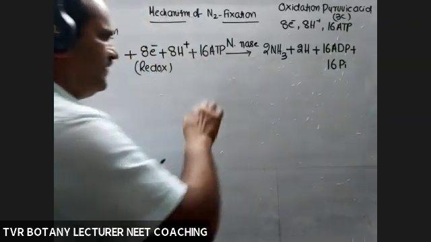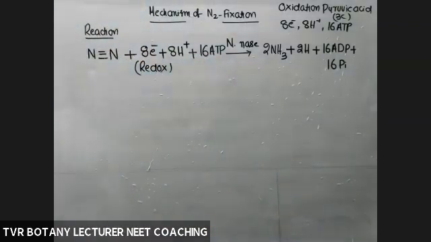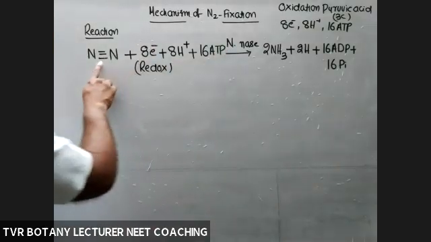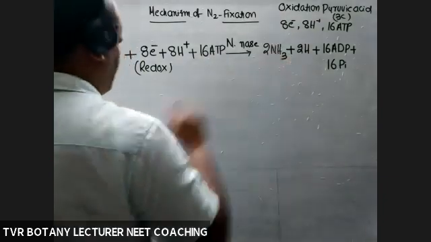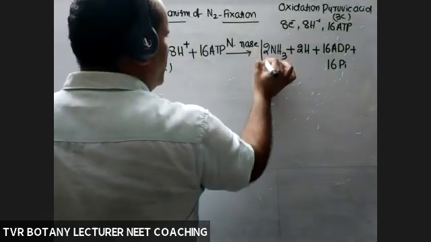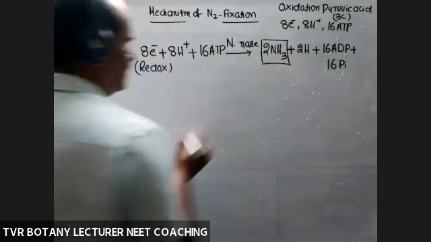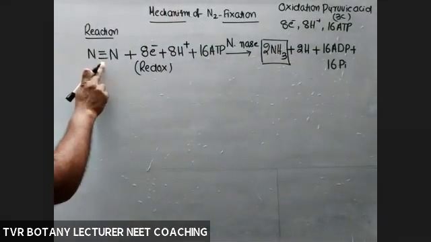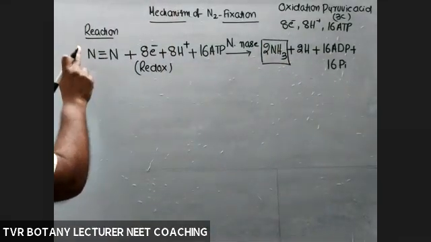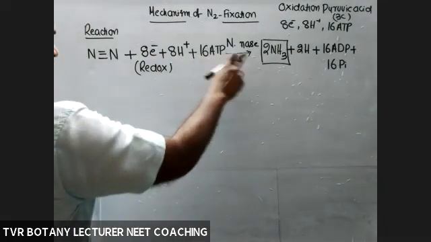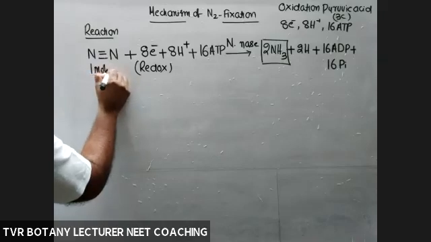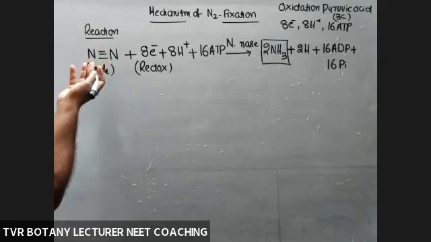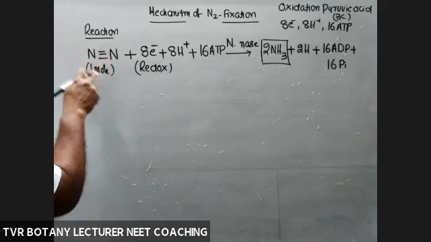During hydrolysis of ATP, some energy is produced. That energy is utilized by the enzyme to reduce N triple bond N into ammonia. So what about the number of molecules? Two molecules of ammonia from one molecule of nitrogen. This is one molecule, diatomic: two atoms but one molecule.